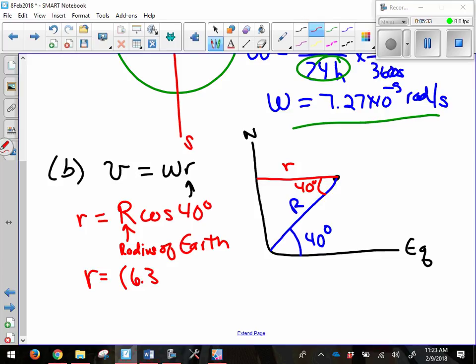And I'm going to tell you, just because I don't want to run out of time today, that the radius of the Earth is 6.37 times 10 to the 6th meters times the cosine of 40 degrees. And what are we going to get?